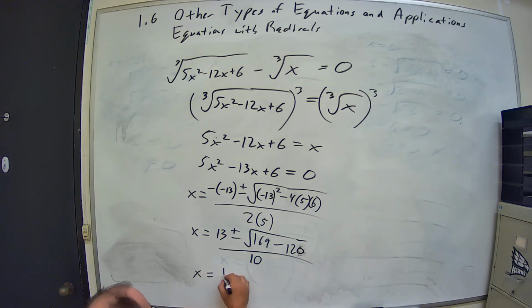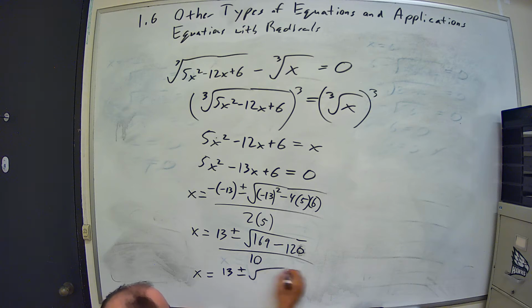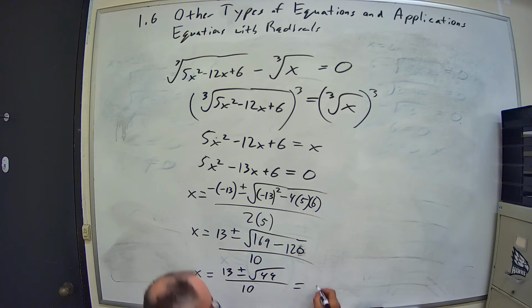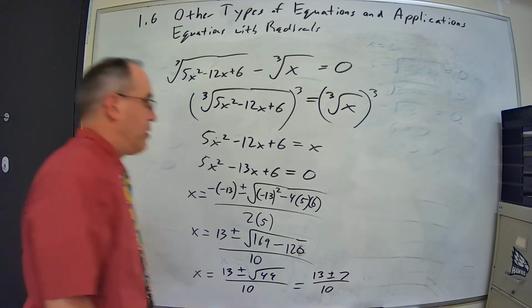So x is equal to 13 plus or minus the square root of 49 over 10, which is equal to 13 plus or minus 7 over 10.